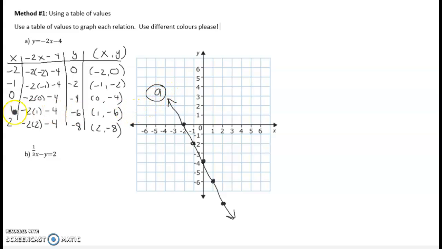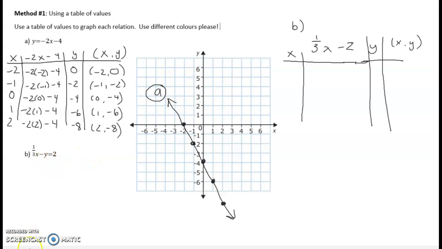Okay, now we'll go to B. So we have 1/3 x minus y equals negative 2. We're going to rewrite this equation because we have to change it so it says y equals.